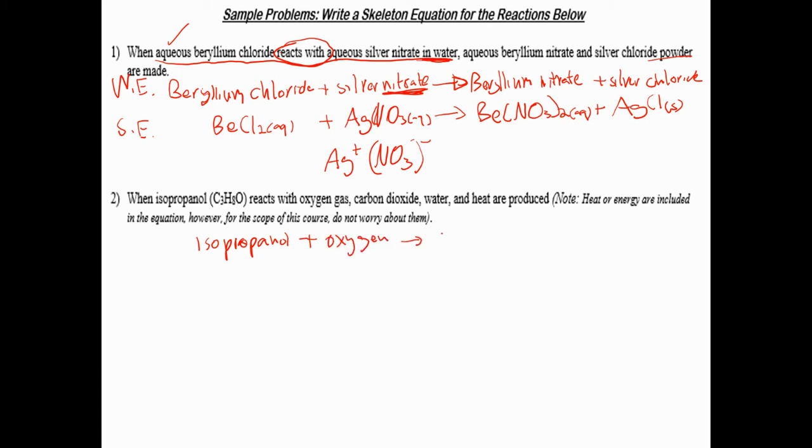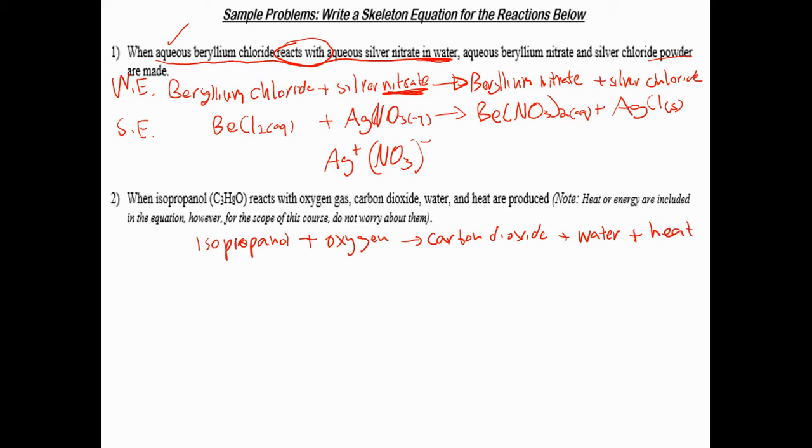That's going to produce some carbon dioxide, plus water, and then also some heat. Some heat is released. So typically you can actually write heat in the reaction. It's not really going to affect your balancing. It's actually more important for grade 12 that you do that, but I'm going to put it in. Heat's produced or heat's released. So I'm going to put plus heat here. Okay, so I'll do that for now.